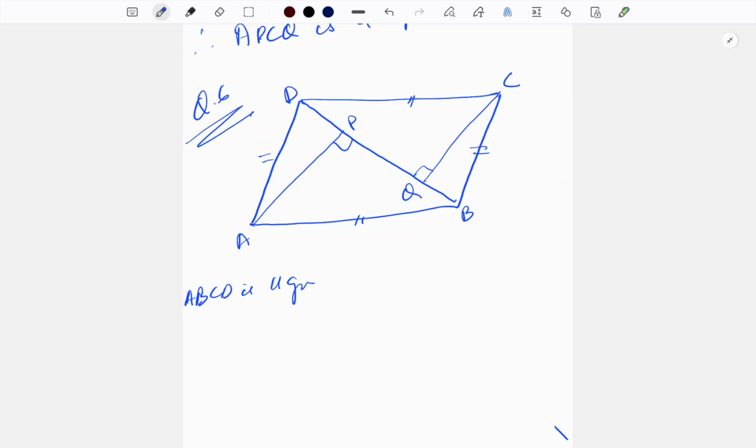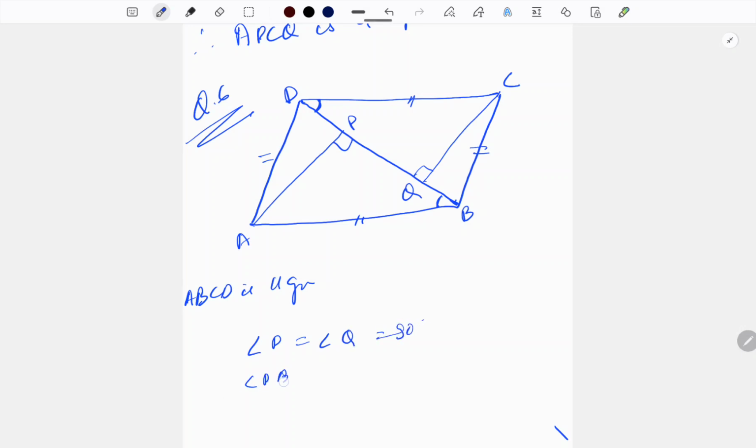For this, we have two points. Yes, this angle is equal to this, and we have one pair of sides and one angle is 90 degrees. So angle P is equal to angle Q, 90 degrees.